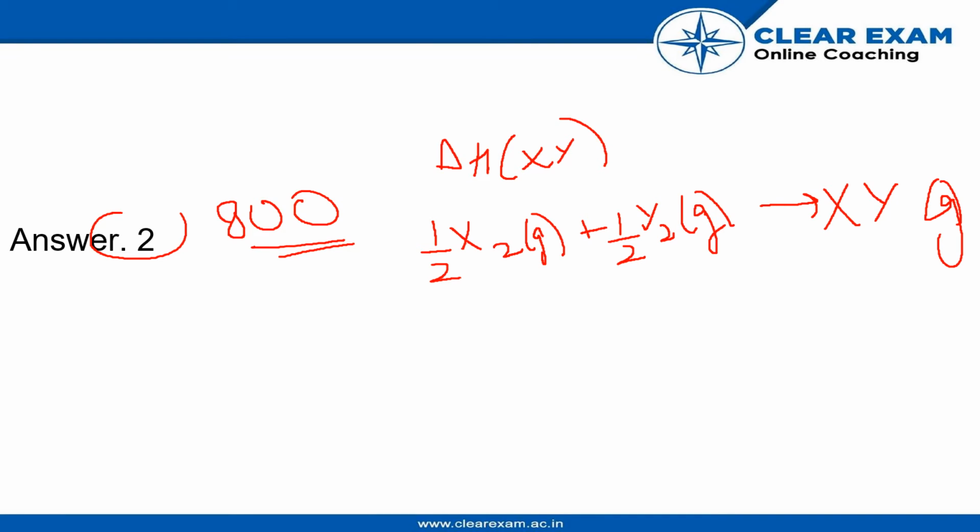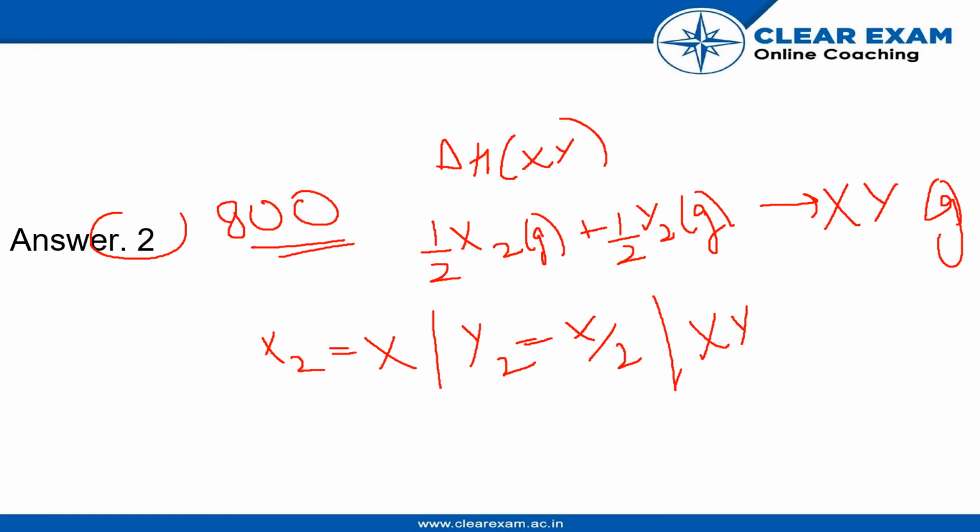Bond energies of X2, Y2 and XY: the bond energy of X2 is X, for Y2 it is X by 2, and for XY it is simply X.